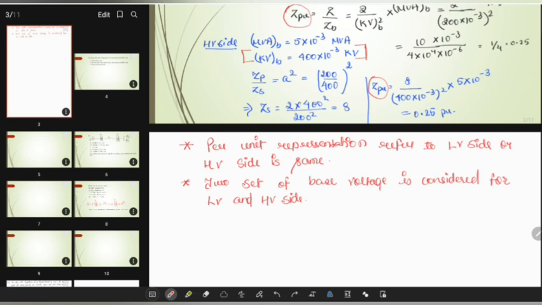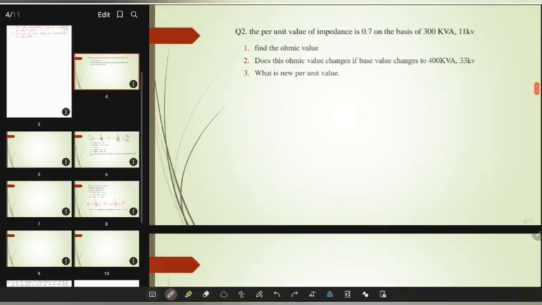Now in our next question, they have given a per unit value of impedance of 0.7. The per unit impedance is given on the basis of 300 kVA and 11 kV. So this is the base value. First we need to find the ohmic value. So how do we find the ohmic value here?